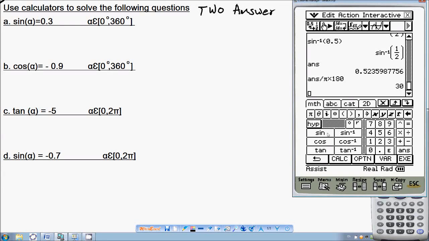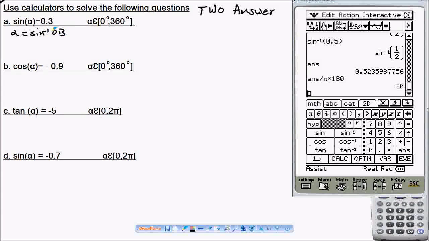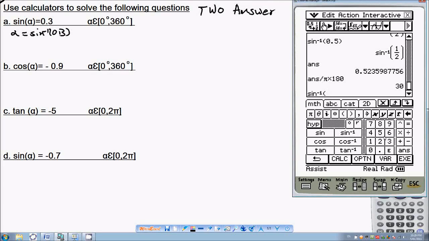You can find sine of any angle, or inverse sine of any value. So we have sine alpha equals 0.3, so alpha should be inverse sine 0.3. We can do it here: inverse sine 0.3, bracket.